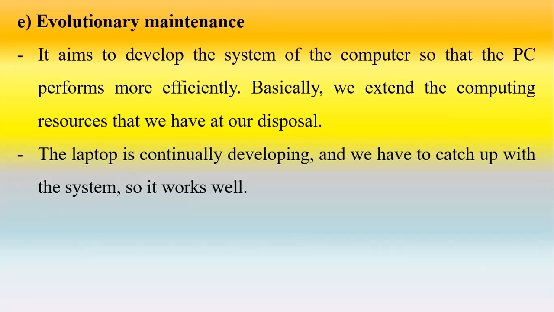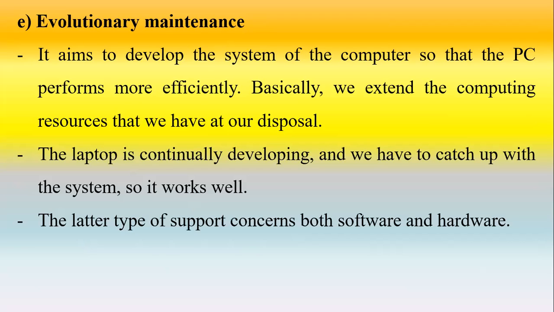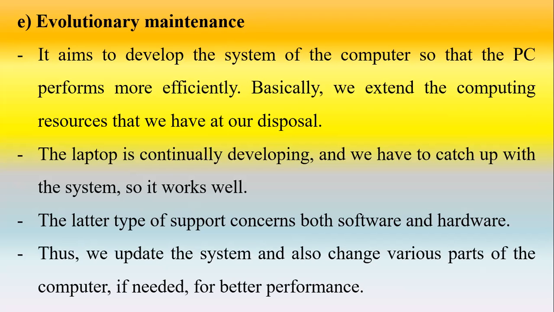And for this reason, evolutionary maintenance works well. The latter type of support concerns both software and hardware. Therefore, we update the system and also change various parts of the computer if needed for better performance.